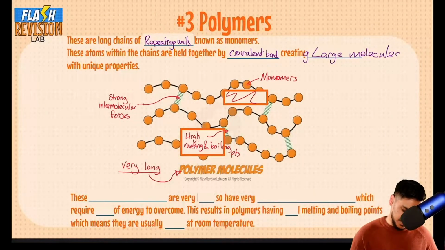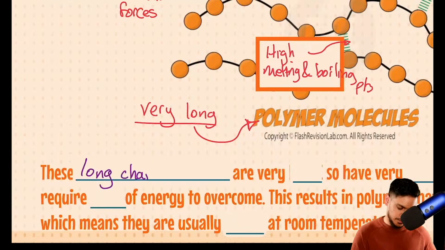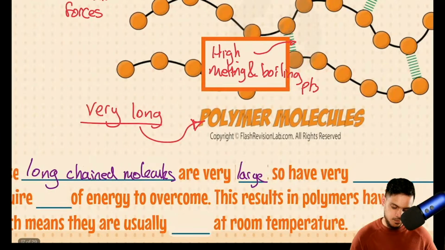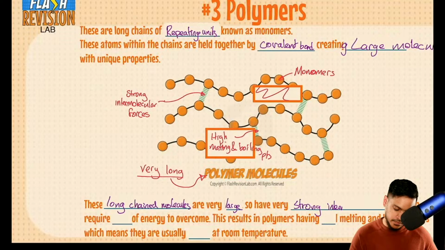So what are they? These are long-chained molecules. These long-chained molecules are very large. That's the key thing about them. So they have very strong intermolecular forces, which require a lot of energy to overcome.